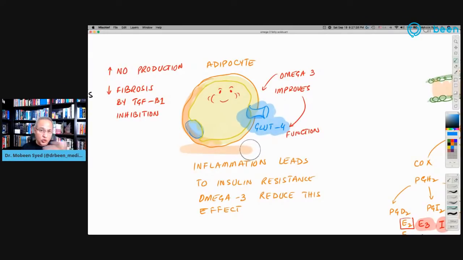GLUT channels are the glucose channels. So these glucose channels become resistant to insulin, and the normal insulin function and glucose metabolism become disrupted, which then causes diabetes. So the presence of omega-3 actually improves the function of GLUT4, which then reduces insulin resistance and reduces the chances and severity of diabetes.